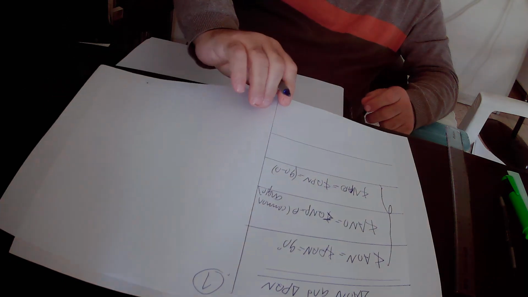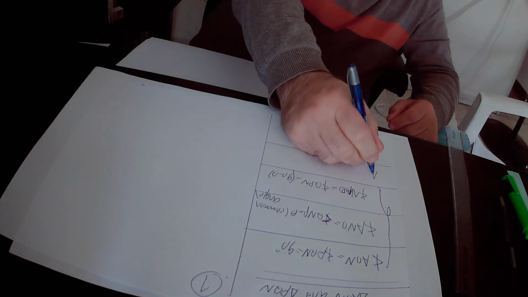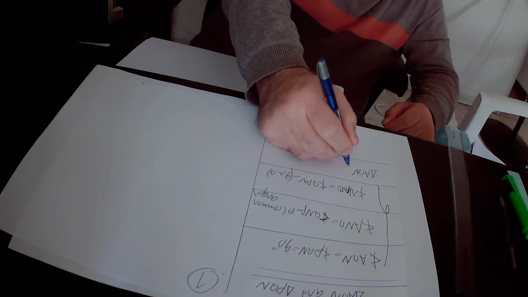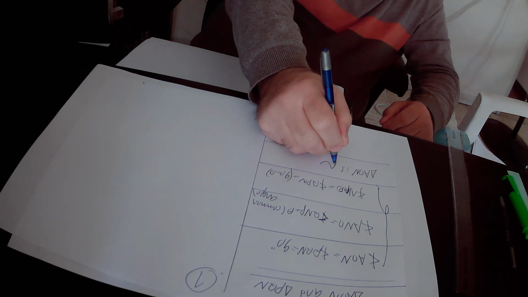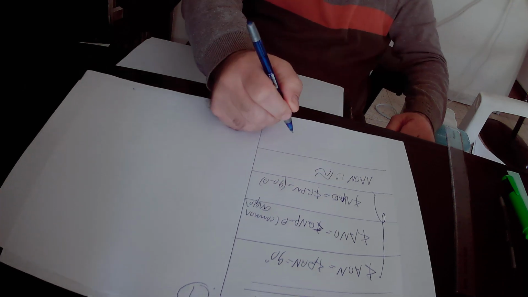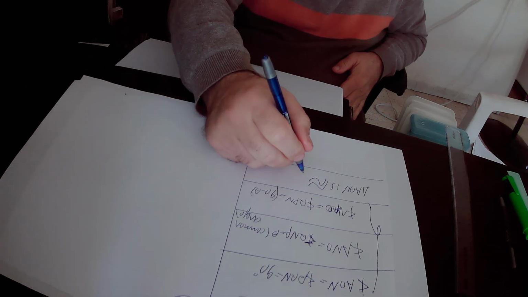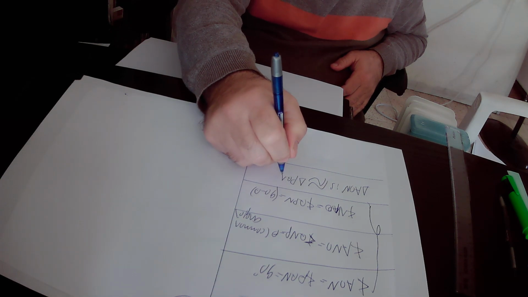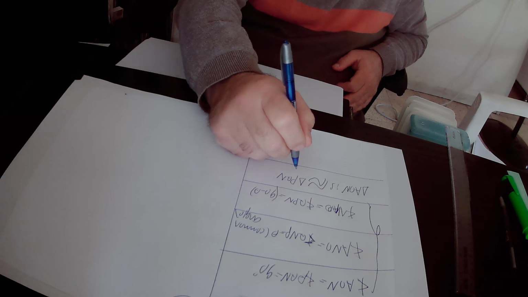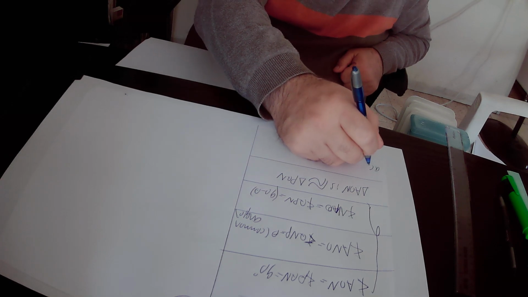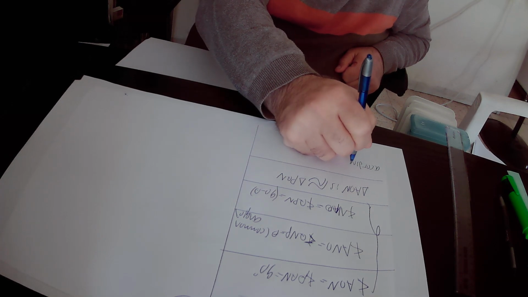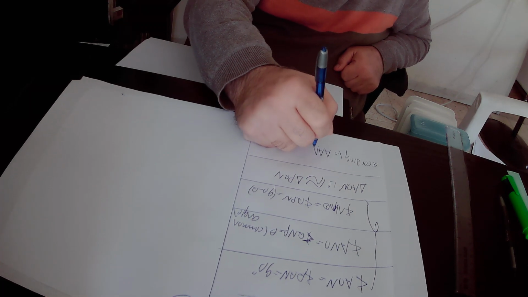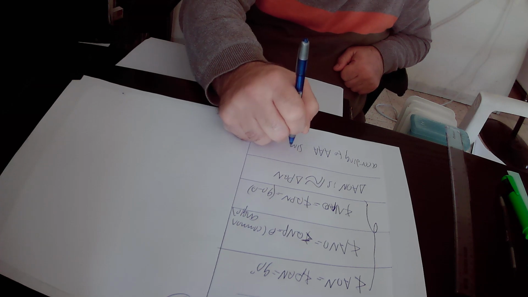Actually proved that the big right triangle AON is similar, this is the sign of similar, to the small green triangle PQN according to angle similarity rule.